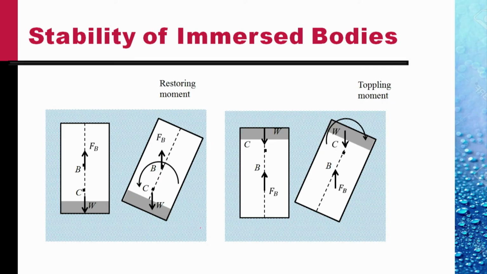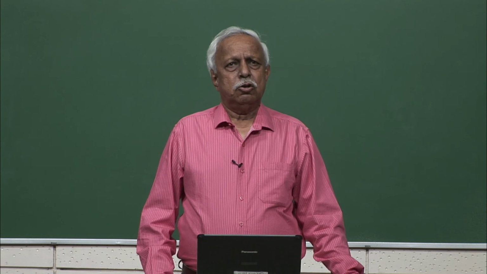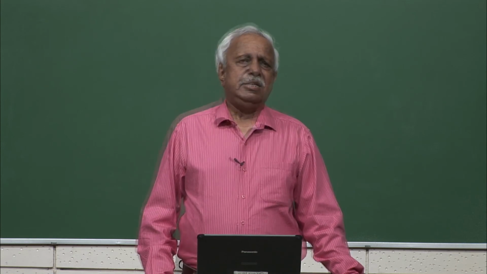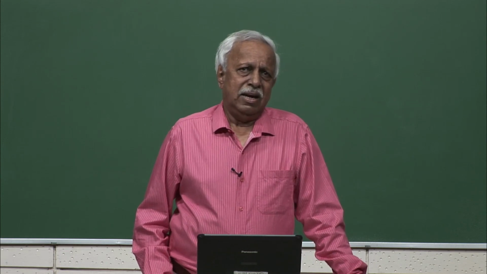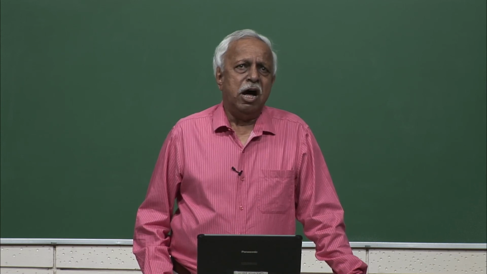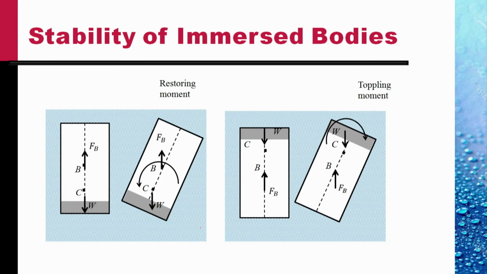But if this body is disturbed slightly so that it's tilting to the right, it is easy to see that the weight and the buoyancy force would now produce a couple, and this couple would have a restoring moment, because this moment is counterclockwise, which will tend to upright the body.